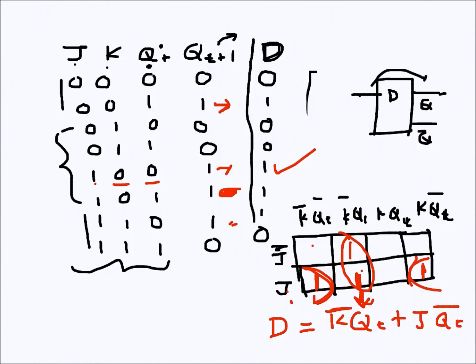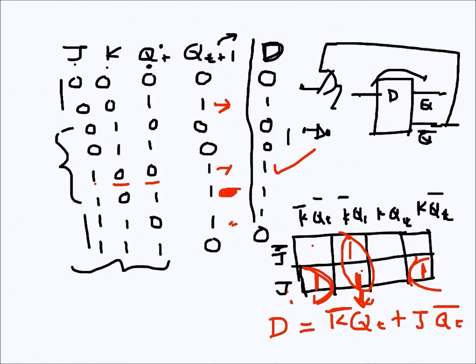So if I connect like that, I have my J here, K here. So J will have Q bar, this is the present bar, so I can connect from here. This one and J will be ANDed, and then K bar, K has to be barred, so this is K, this is J, and QT.